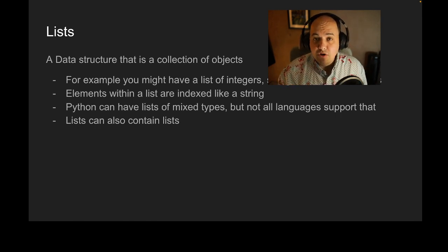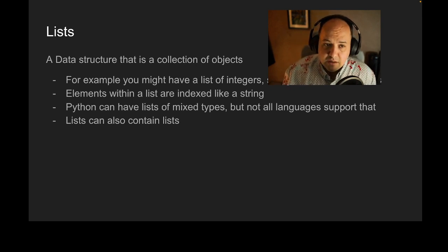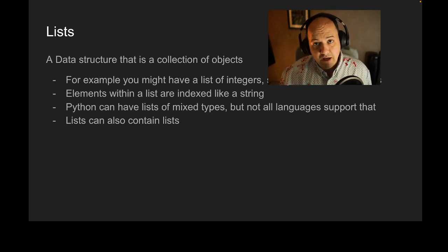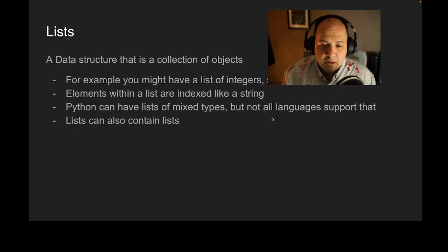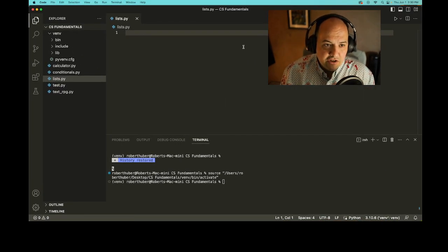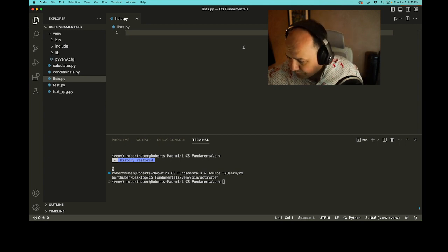And it's important to note that lists can also contain lists. So you can have lists of lists of lists of lists. In other languages, we would often refer to them as multi-dimensional arrays, right? When you have arrays inside of an array, that's like a two-dimensional array. But in Python, again, we're going to refer to them as lists. So let's actually practice with some of our lists and do some programming.